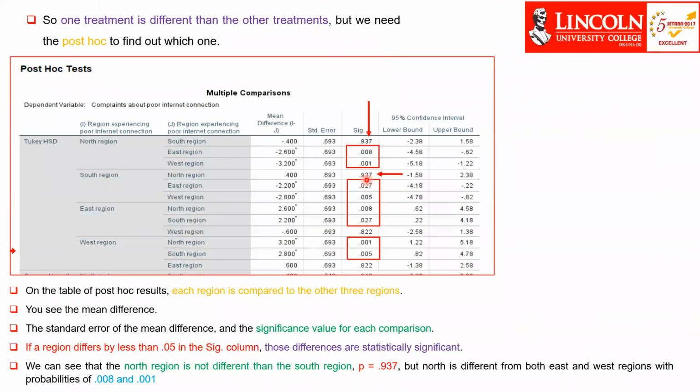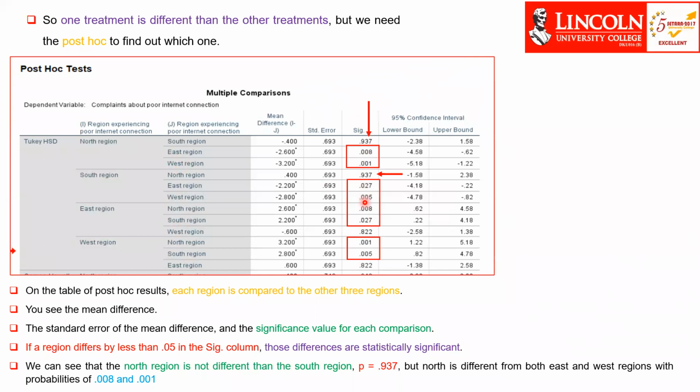And this is where you will know, because this particular table will compare each region to other regions. When it's comparing each region with other regions, that's where you know which region is facing more difficulty than the other. And how can you know that? You will know that from the significant values you have here.